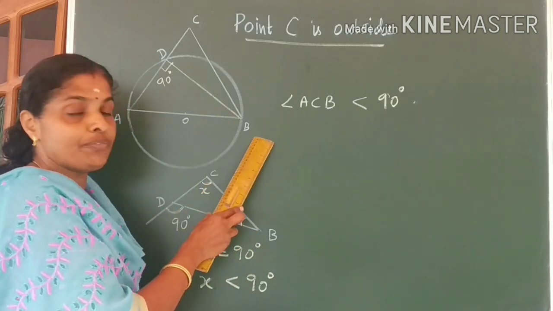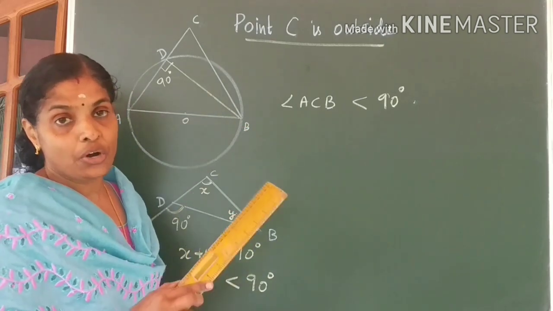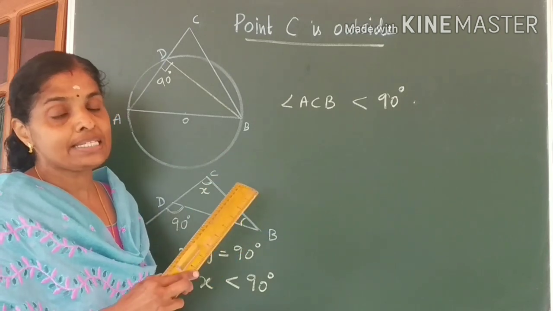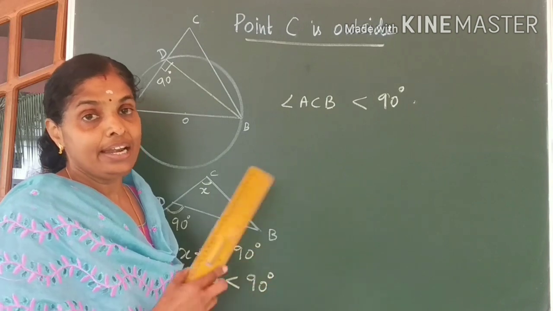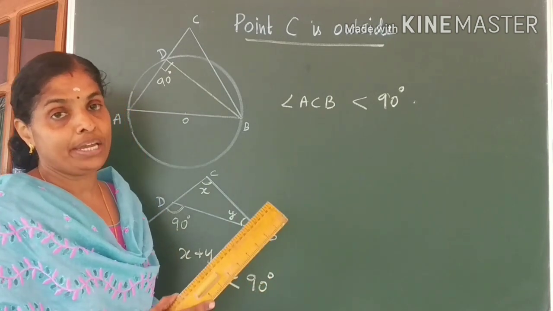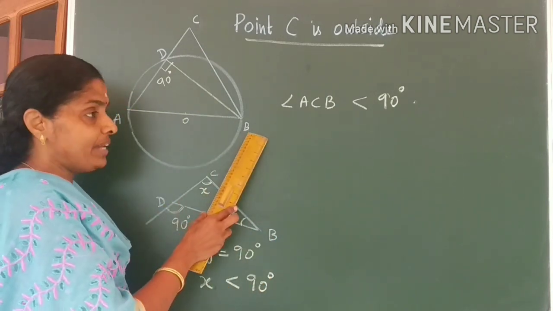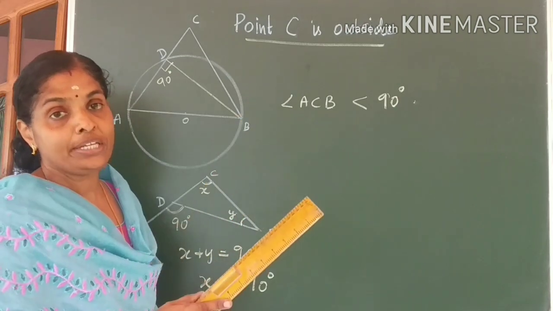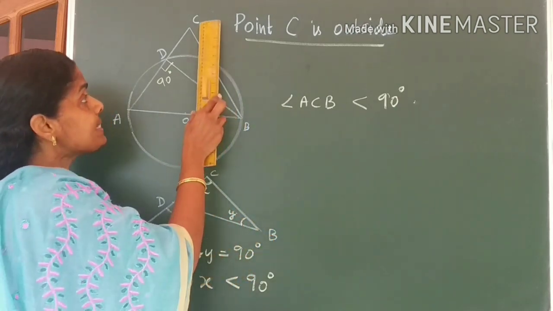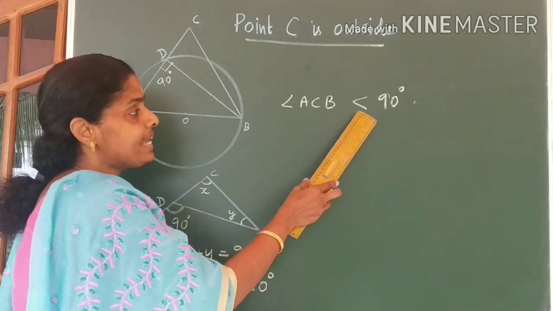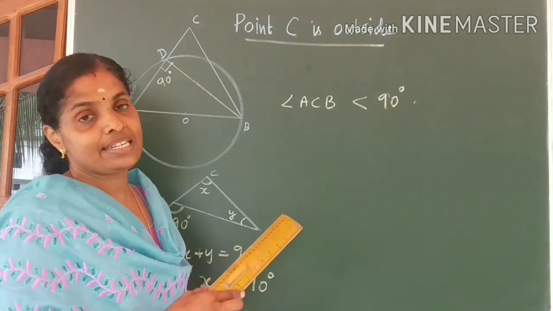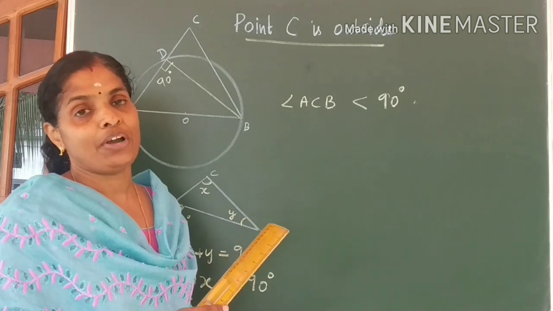If the ends of the diameter are joined to a point inside the circle, we get an angle which is more than 90 degree. Third point, if the ends of the diameter are joined to a point outside the circle, the angle made is less than 90 degree. These 3 are the important points.